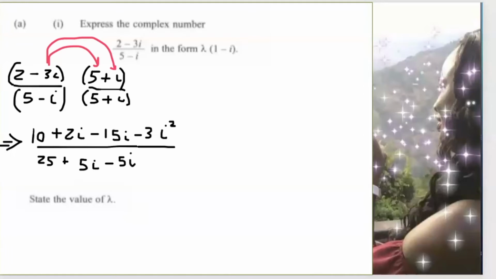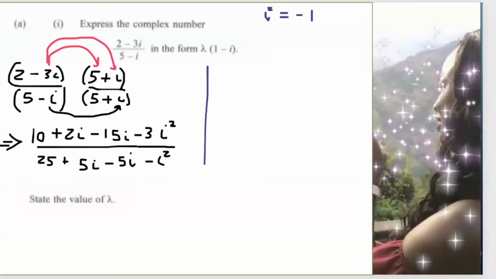Now multiplying minus i times positive i, that will give me negative i squared. Now, let's recall, i squared is negative 1. So don't forget that i squared is negative 1.